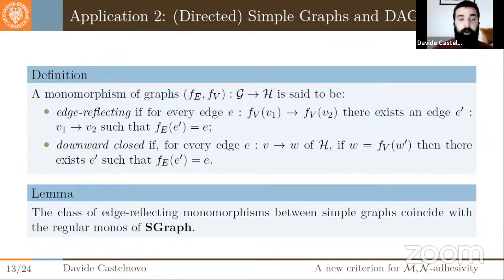And we say that the mono is downward closed if, given an edge with codomain in the image of the starting morphism, then the edge with which we began is in the image of the morphism too. So we can characterize edge reflecting monomorphisms between simple graphs as the regular monos of the category of simple graphs.